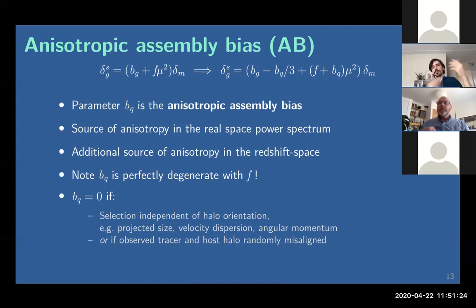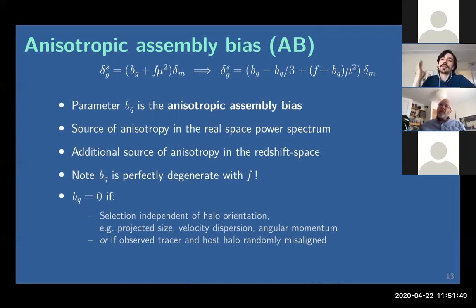So why people usually assume that this is 0 is that it's only 0 if your selection is independent of halo orientation. For example, if you're making your selection on scalars, then this should be 0. Also, we said that halos are correlated with the tidal field, but tracers living inside those halos could be completely randomly misaligned.